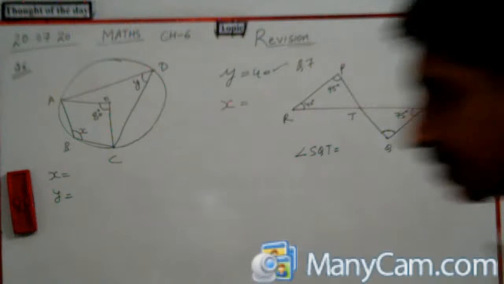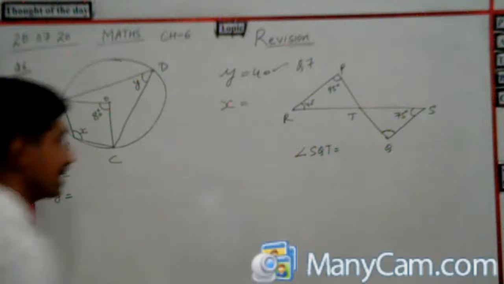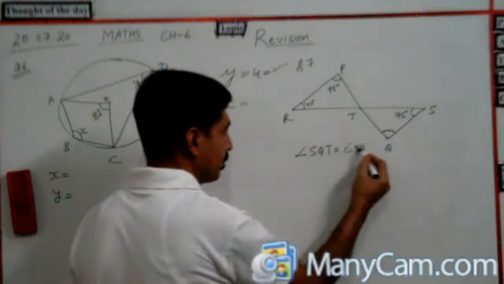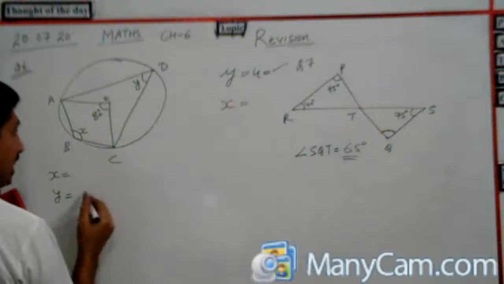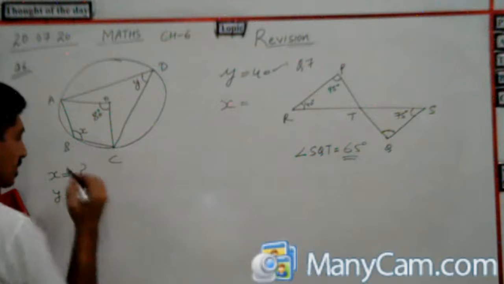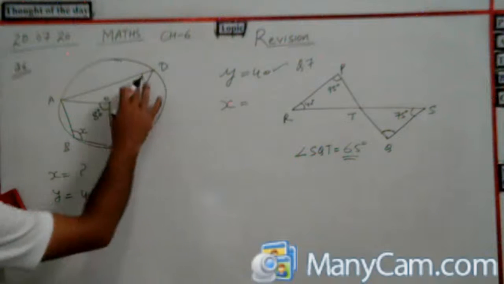So, yes, anyone? 65 degrees. He's saying 65 degrees. Puneet, but what is the value of x? You are saying y is 40 degrees. What about x? Y is 40. Okay. What about x?